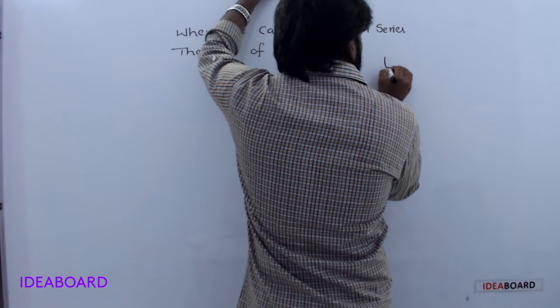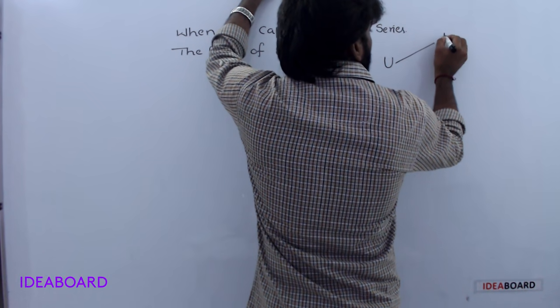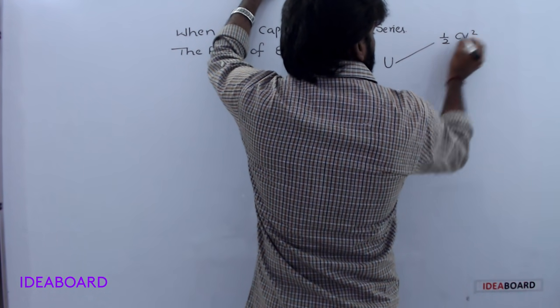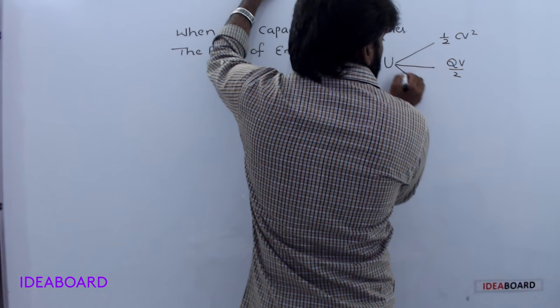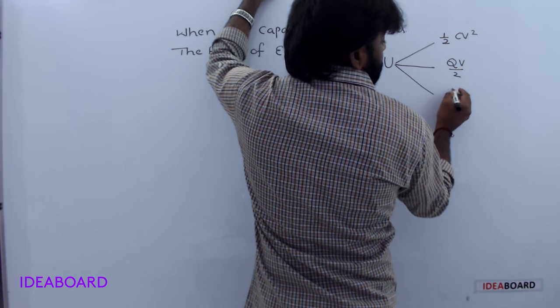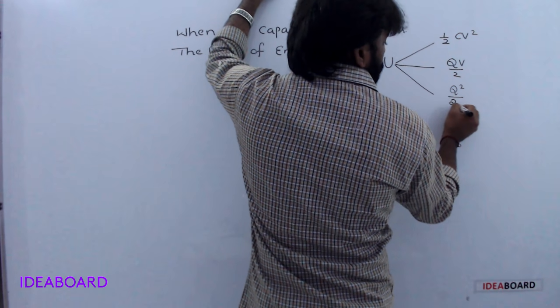Here U, one is half CV square, one is QV by 2, another one is Q square by 2C.